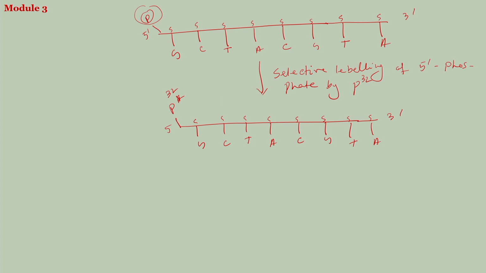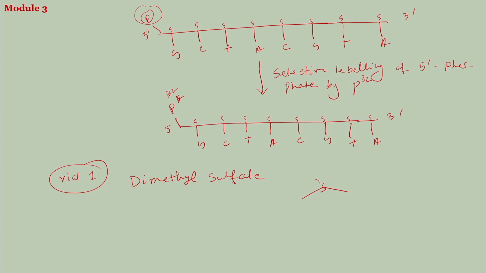Now, vial 1. So, first treatment is done with a chemical reagent that is known as dimethyl sulfate. Dimethyl sulfate. I will show you the structure.